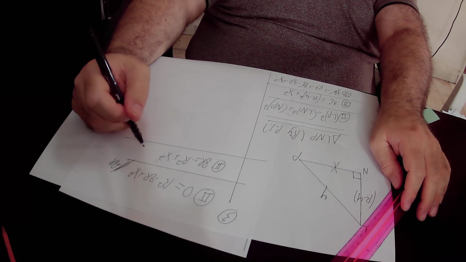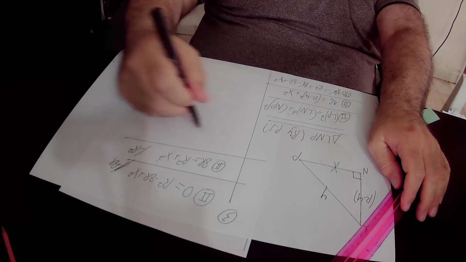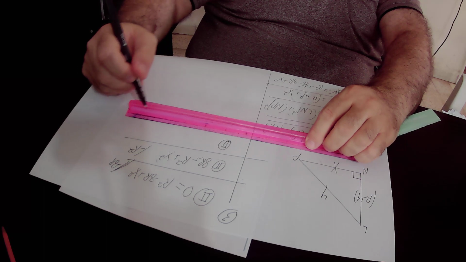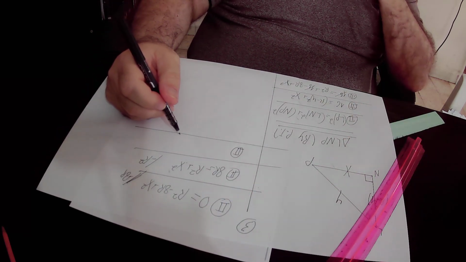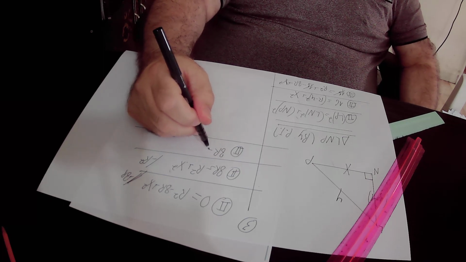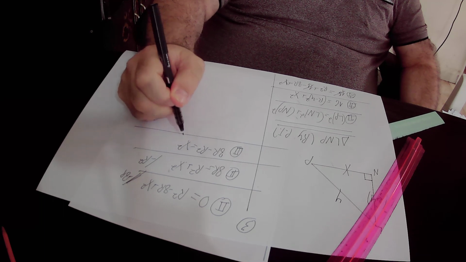Here we subtract R square from equation number 2, and we get that 8R minus R square equals x squared.